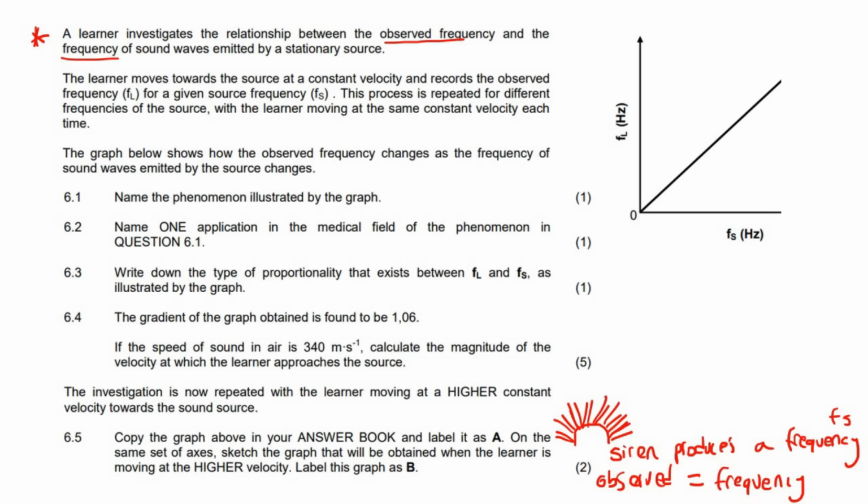The one that is observing is called the listener. So that frequency will be the same as the frequency that the siren is producing. They will be equal to each other.